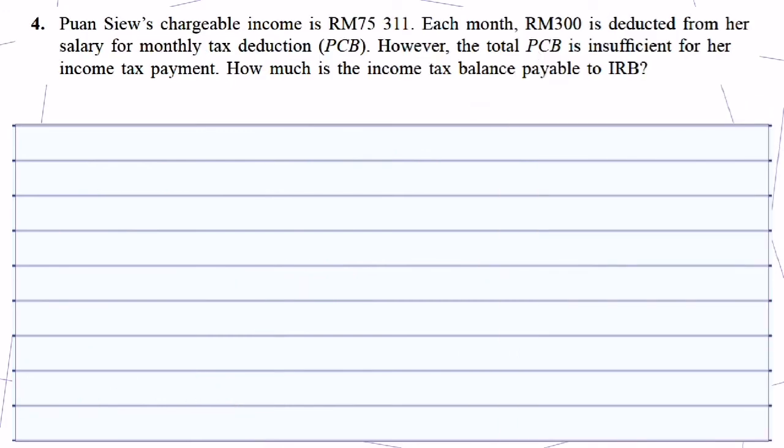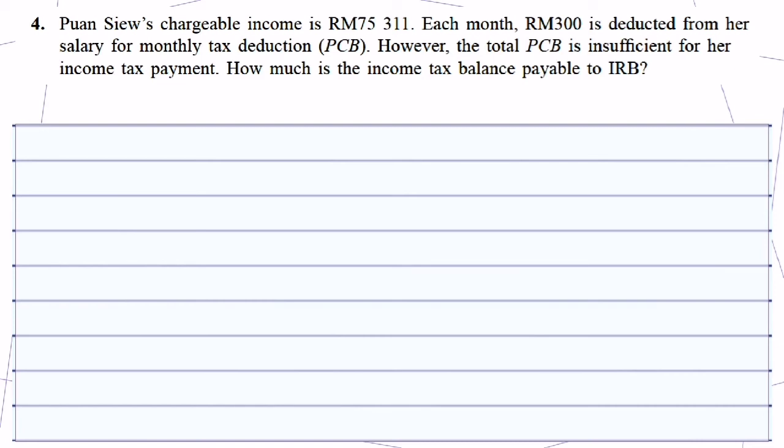Question number 4. Kuan Siu's chargeable income is 75,311. Each month, 300 ringgit is deducted from her salary for monthly tax deduction (PCB). However, the total PCB is insufficient for her income tax payment. How much is the income tax balance payable to IRB?